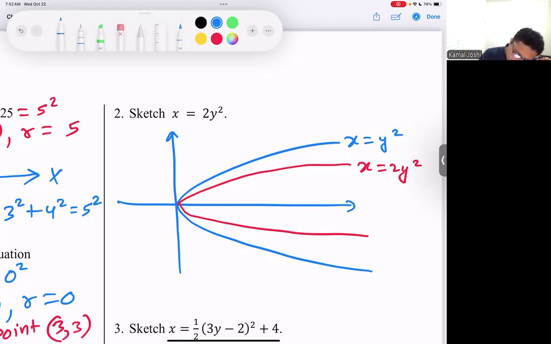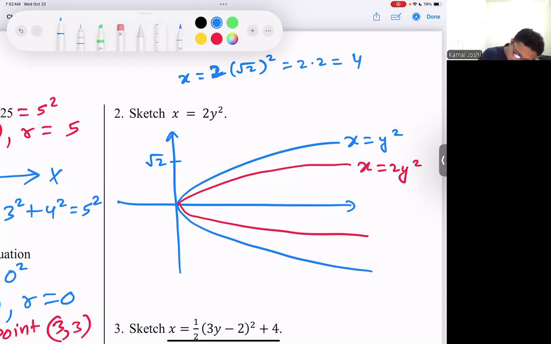Okay, for example, I'm trying to see a suitable value of y. Let's say I take y equals root 2. When y is root 2, x will be 2 times root 2 squared, which will be 2 times 2, which is 4.